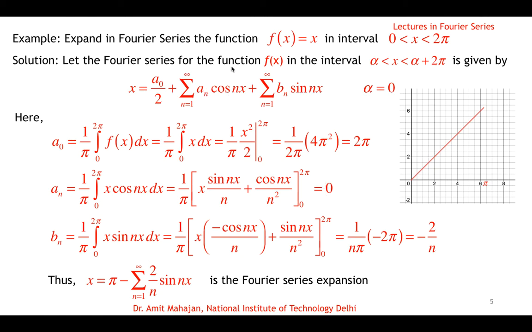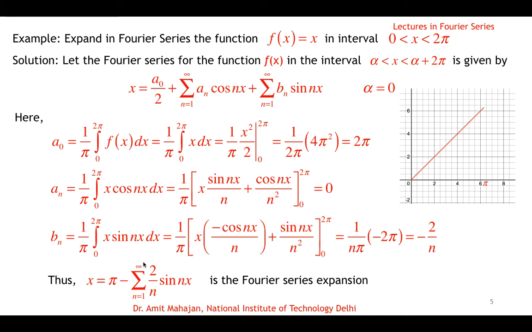A n is 0, so this complete summation is 0, and plus summation b n sin nx. So b n is minus 2 by n, so minus 2 by n sin nx. So this right hand side is the Fourier series expansion of this function x in the interval 0 to 2 pi.